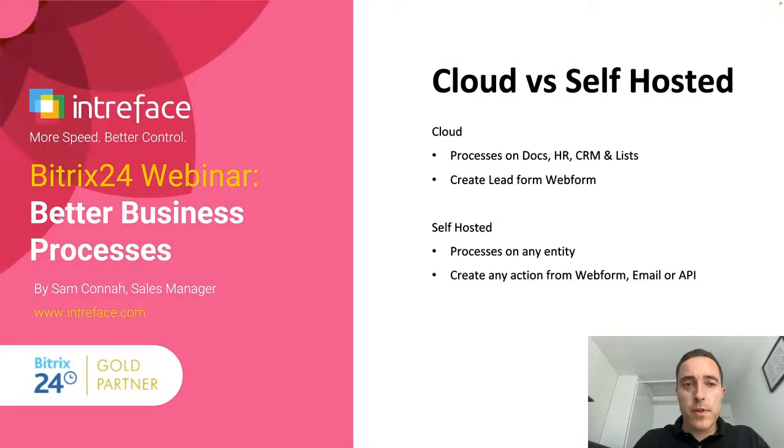And then just to really briefly mention the differences between the cloud and the self-hosted. So we've already discussed a few of these. So most of the tools are available in both the cloud and the self-hosted solutions. You would need at least a professional cloud version of Bitrix to be using the business process design tool. So if you are wanting to run business processes on the cloud, you would need at least that professional tier.